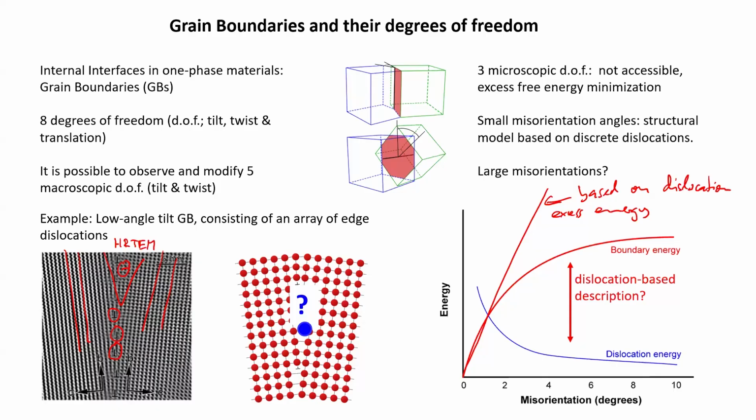And this is true for the small angle grain boundaries. If you now have higher misorientations, then this model doesn't work anymore, because you would need more GNDs than you can put along the boundary plane, because the distance between the GNDs would become so small that the cores would overlap.